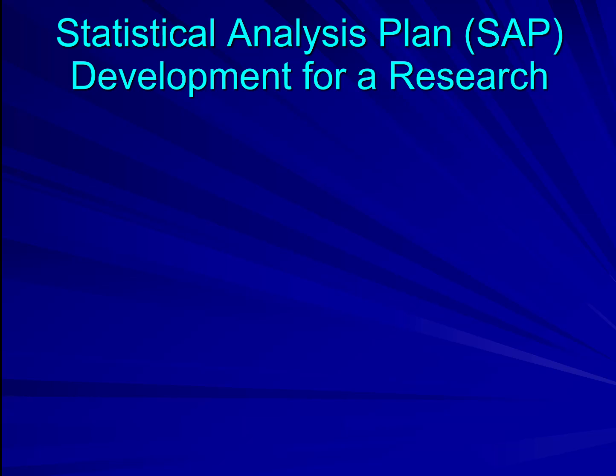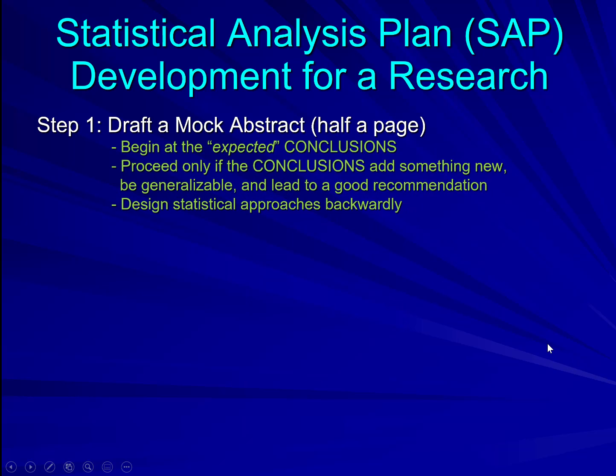There are steps that are very helpful in designing a statistical analysis plan. The first one is to start to draft a mock abstract, working with just half a page.